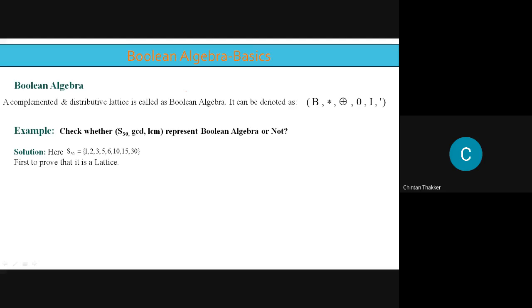For the distributive property, we will use the distributive property of GCD and LCM that we proved.